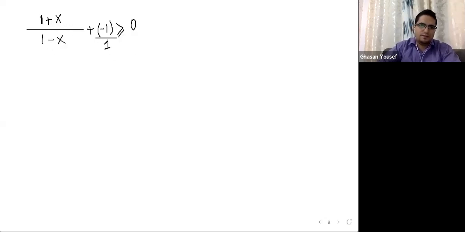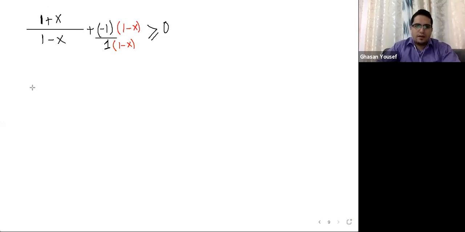Here the denominators are different: here we have 1 minus x, here we have 1. We have three ways to solve something like that: cross multiply, the least common denominator, or the easiest way, which is to make the denominators equal by multiplying the 1 by 1 minus x, over 1 minus x.